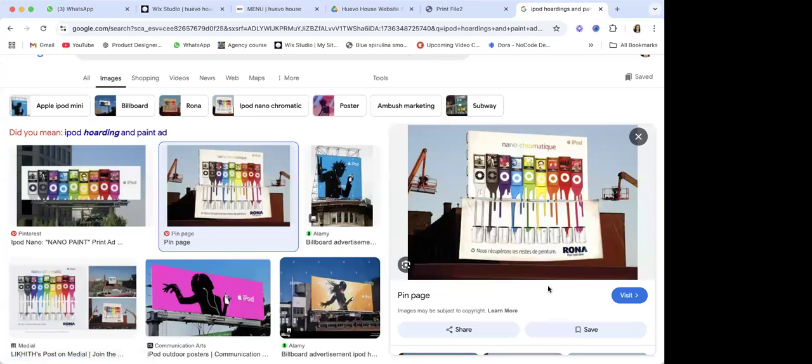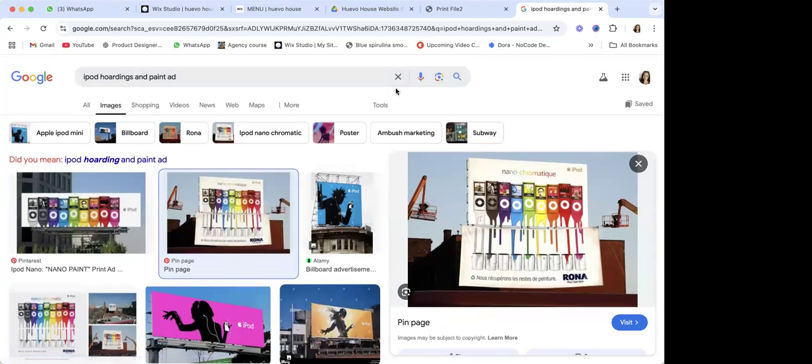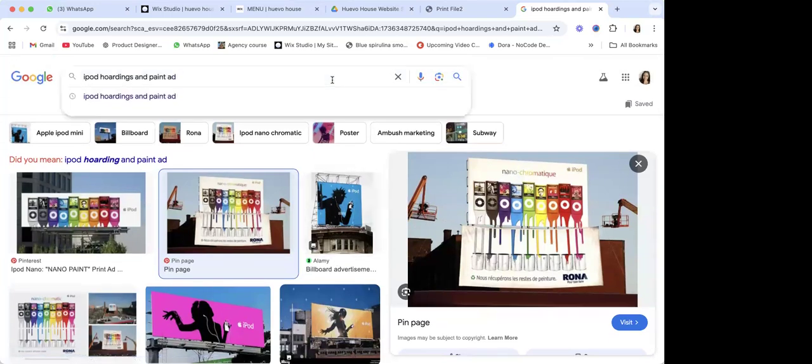This kind of ad captures our eye. You see a lot of hoardings everywhere. Whenever you are in a city, you see hoardings here and there. Not each and every hoarding is going to catch your eye, but whenever you see something interesting, you start thinking about that particular thing, right? So this actually made a lot of profit for Rona company.